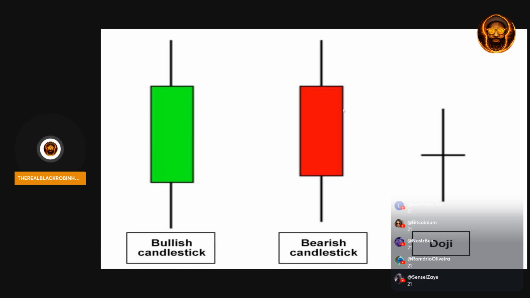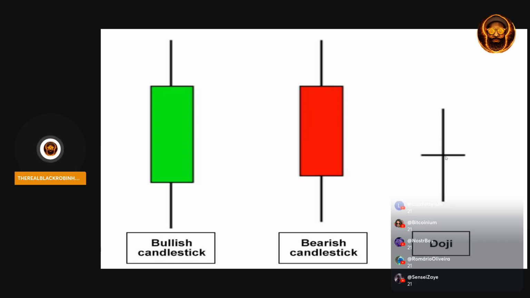If the close is lower than the open, then it's bearish. So you've got a bullish candle represented with a green color and a bearish candle represented with a red color, but you can represent it with any color. You can turn it black, yellow, white, purple, green. It doesn't matter. You determine whatever you want the color to be.